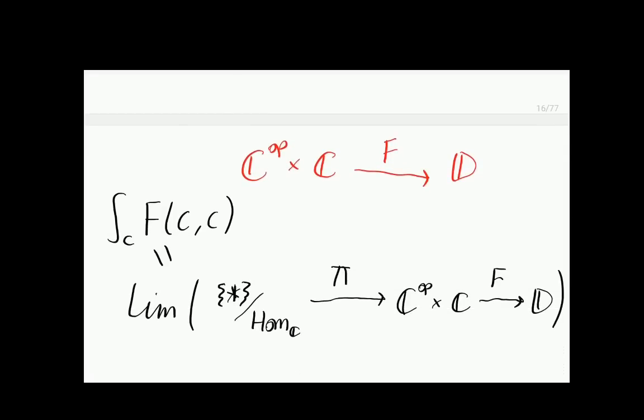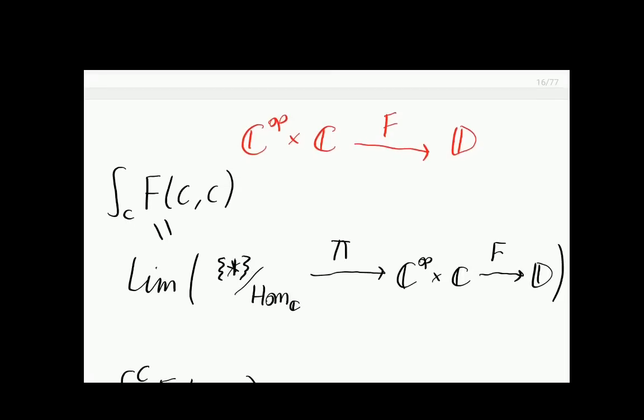Here's another way to think about them. If you have a bifunctor F like this, and you want to calculate the end of it, it's the same thing as this sort of limit here. And what this thing here is, it's the category of elements of this Hom-functor here.